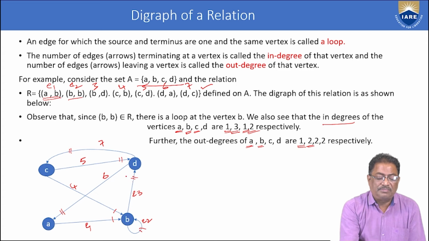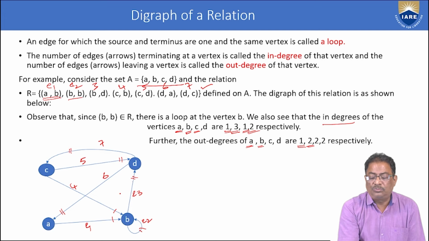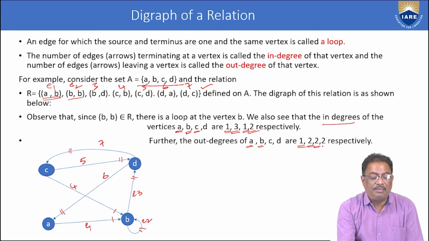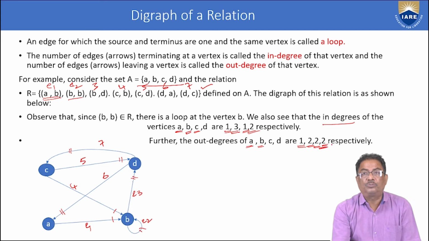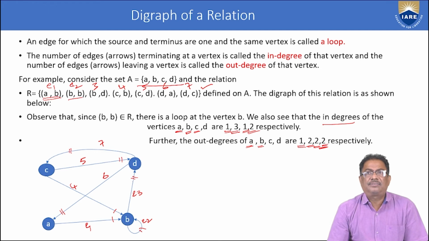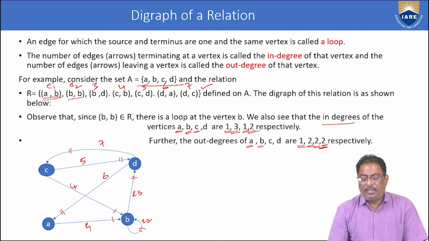And C, how many edges are leaving? 1, 2. This is also 2. And D is also 1 and 2, so this is 2. In this way we can calculate the in degree of the vertex and the out degree of the vertex.